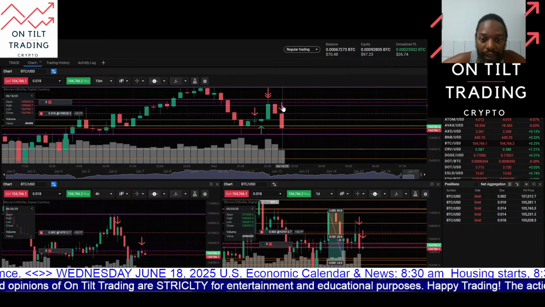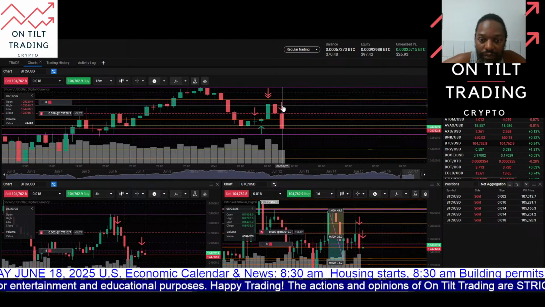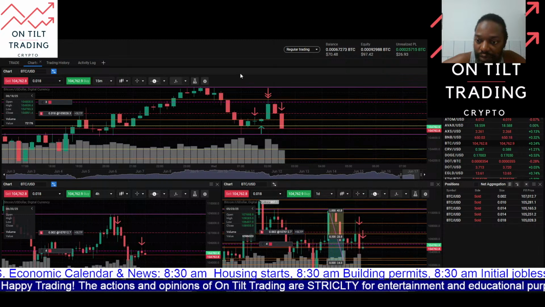Price has put in a new 15-minute low for the candle. Price is still being delivered to the sell side here.